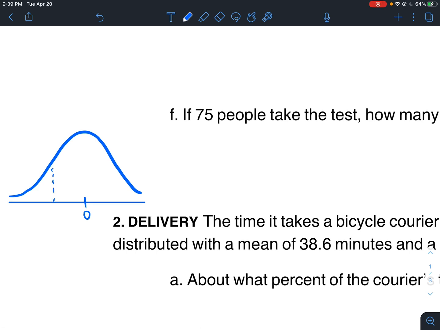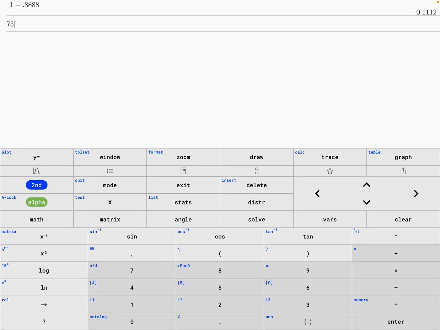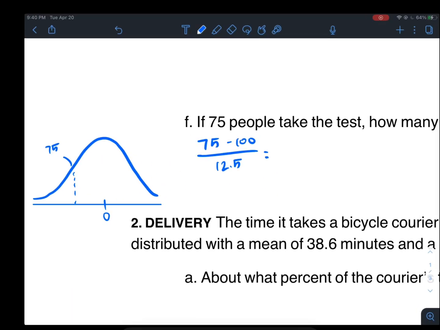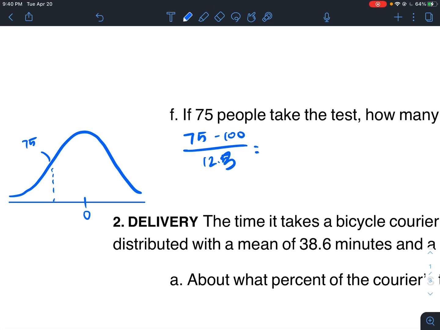Now 75 is to the left of this, so let's find the z-score for that. 75 minus 100 divided by 12.5. I know that 75 minus 100 is negative 25, divided by 12.5, and I get negative 2.03.